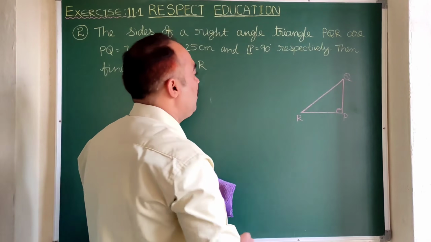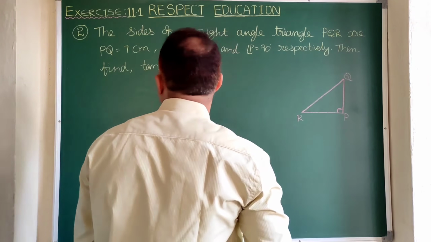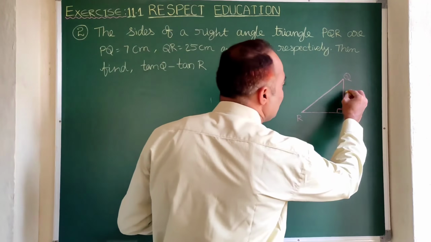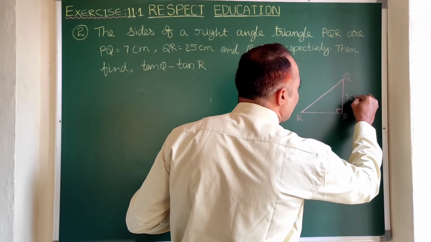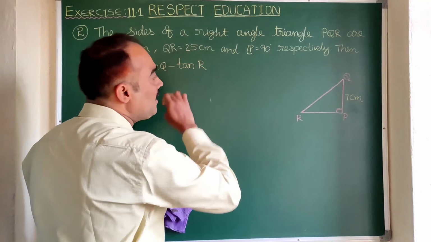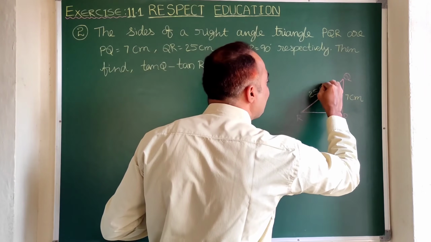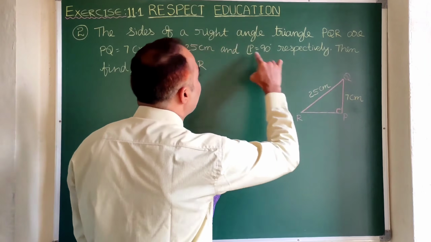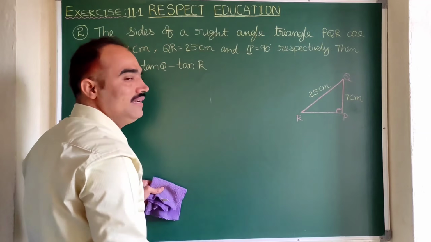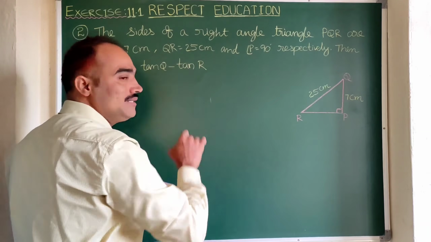Is it clear? Now let us write the given values here. PQ is 7 centimeter. And QR is 25. QR means the hypotenuse is 25. Angle P is 90. We have written what is given. What to find: tan Q minus tan R.